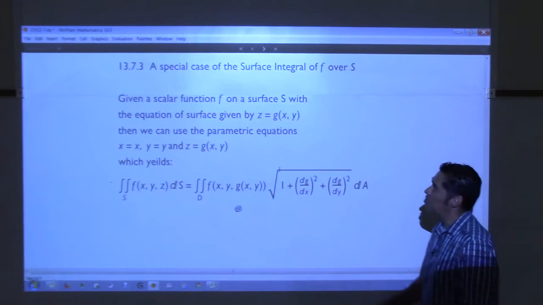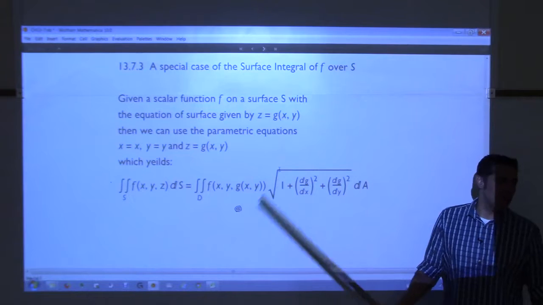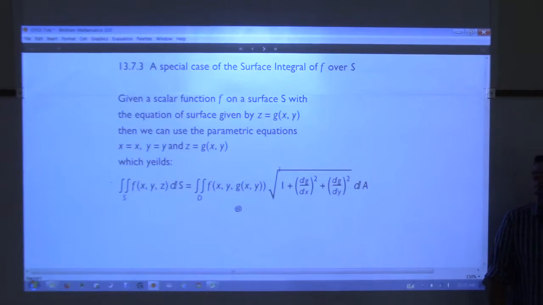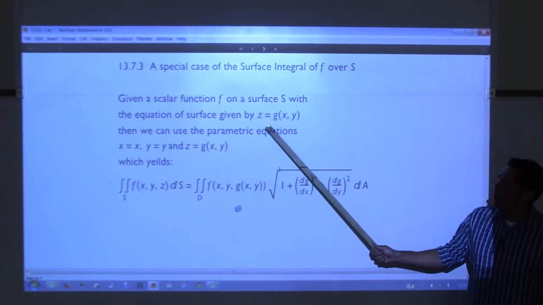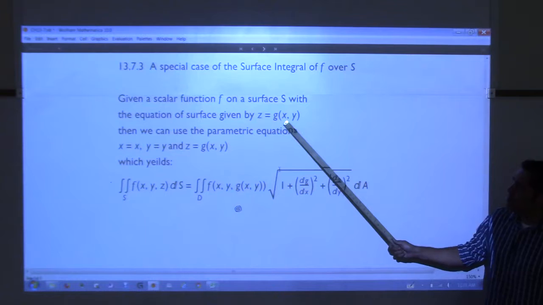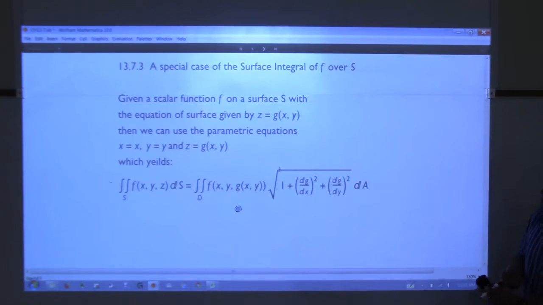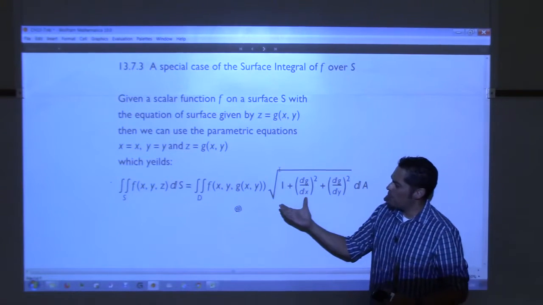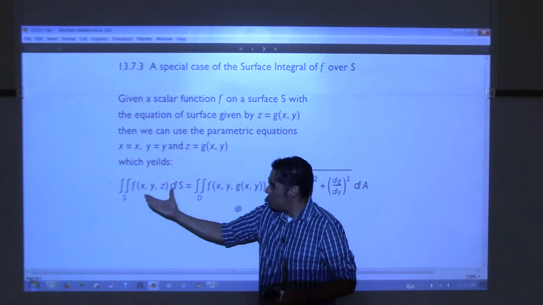All right, a special case. Just like we had with the surface area, we ended class last time with a special case where z is a function of x and y. Then the formula for the surface integral is going to change.